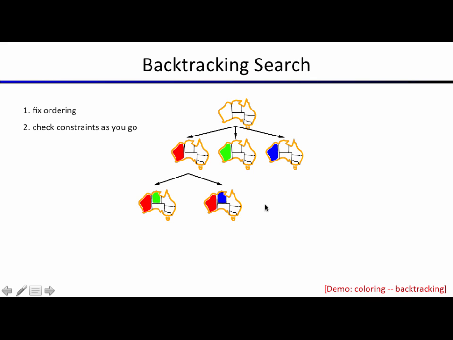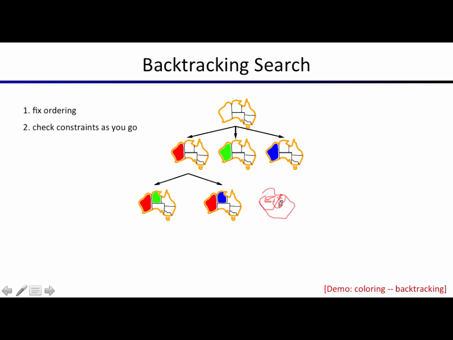We're not going to look at Northern Territory equals red because we decided we'll have this kind of incremental goal test, a fail check, which basically says, okay, it's true that if we had this kind of map here too, where both of these guys would be red, that node, technically it's not a goal, but it has successors, so we can move on, right? But we're not going to consider it because we already know that no matter what assignments we're going to do going forward, we're still going to be in trouble because we're already violating a constraint, okay?